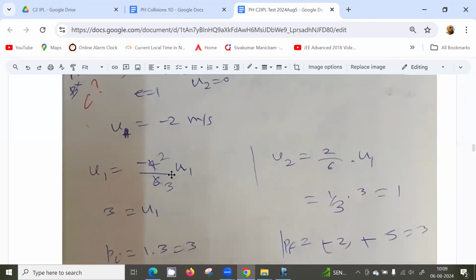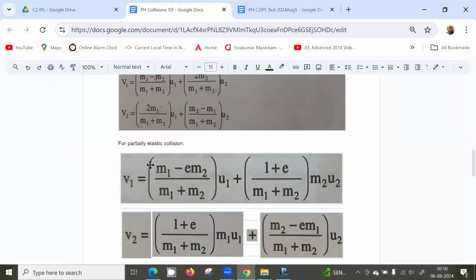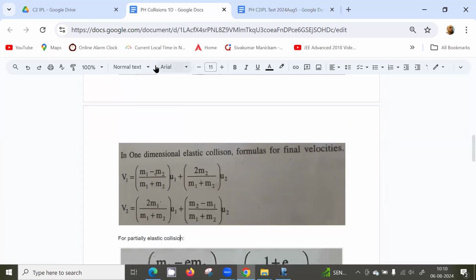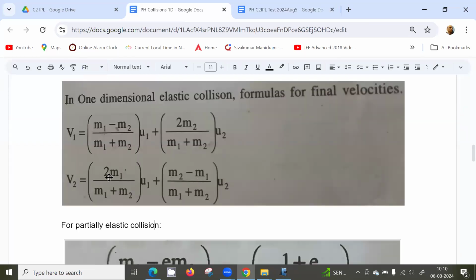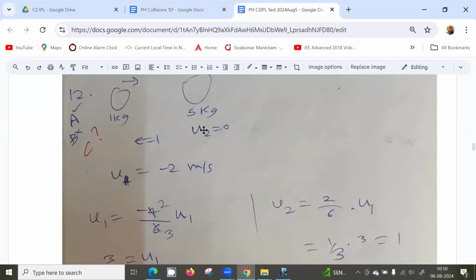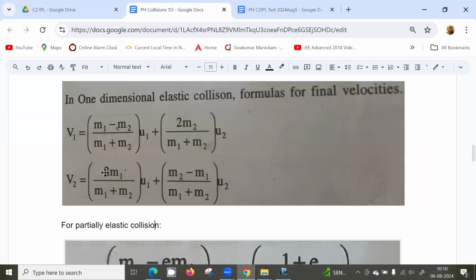So after collision, we can find the velocity using the formula. This formula is for inelastic collision, partial elastic. This one is for elastic collision, where they have put e equal to 1. Using this formula, this is at rest, right? So only the first term will come.